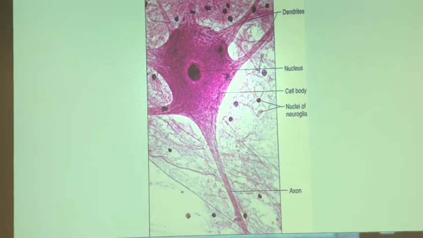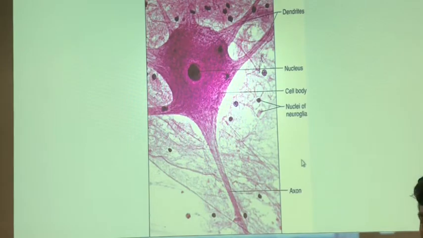One thing that's interesting, if you go in here to the nucleus and you analyze the genes present in the nucleus for this nerve cell, they are identical to the genes found in cheek cells or muscle cells or kidney cells or gastric cells. Those genes are identical.